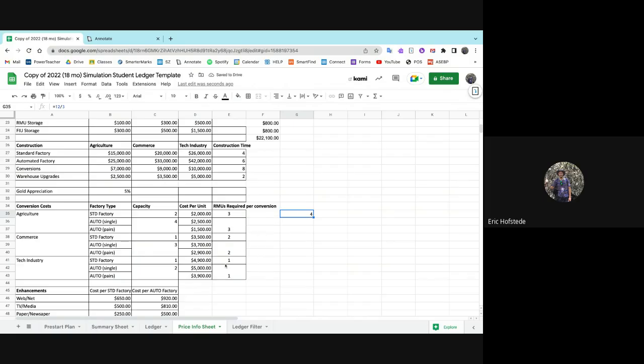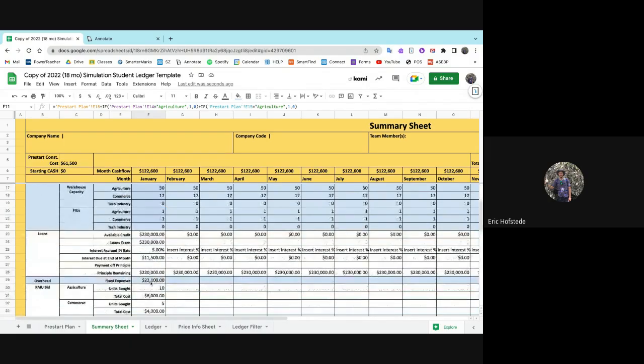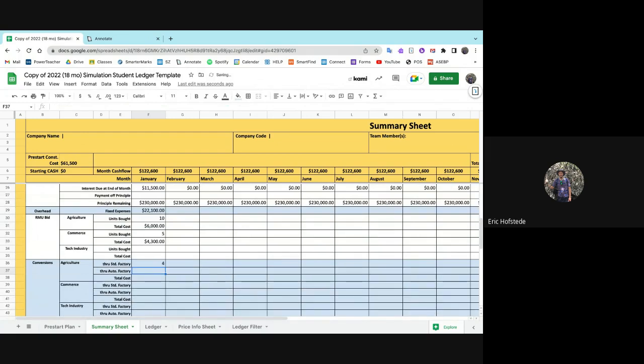Got to make sure that I have enough factories to do that. So standard factories have a capacity of 2 conversions. I only have standard factories and I have 2 of them. And if each of those 2 factories can do 2 conversions, I'm able to do 4 conversions. So when the conversion sheet opens up, I'm going to submit a form for 4 standard factory conversions.